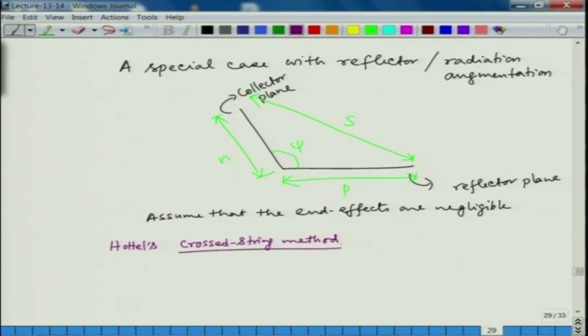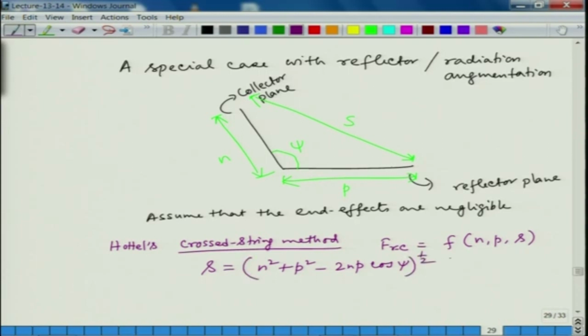Then you will find that this FRC can be obtained as a function of n, p and S. Now, first we have to find what that S will be, because that will depend on n and p as well as the psi.